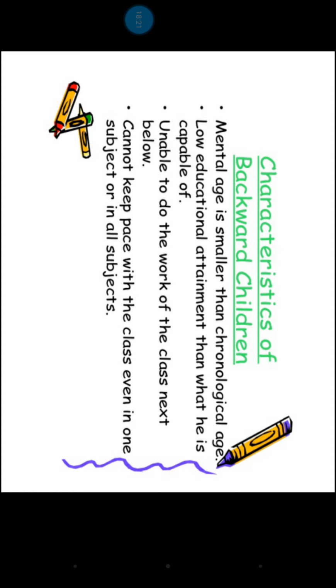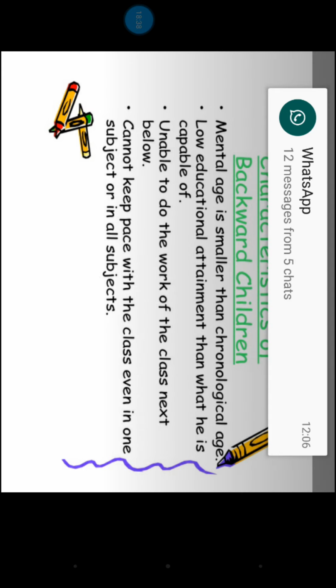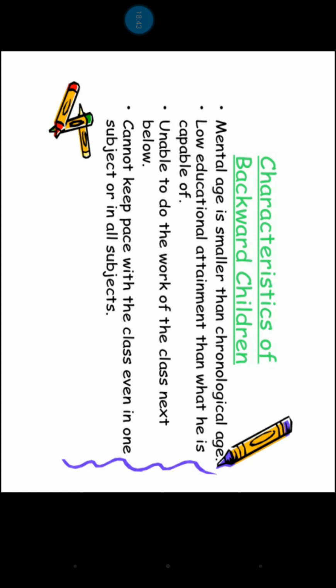Sometimes there can be students who are average in other subjects, but very slow in maths, science or English. But the problem of all slow learners is that they can be slow in all subjects, so they cannot keep pace with the class.